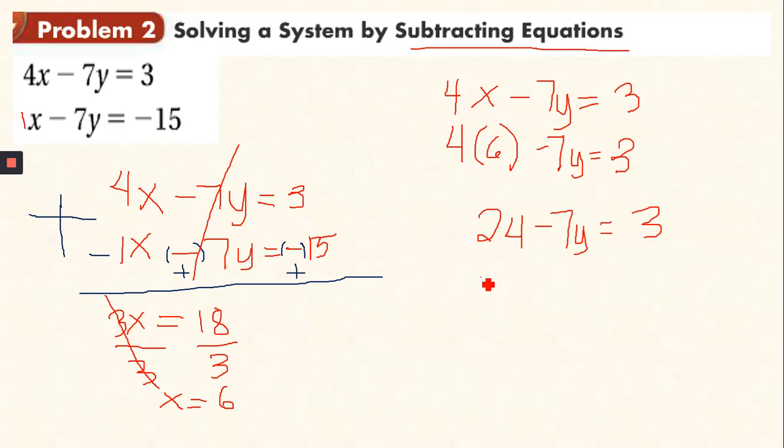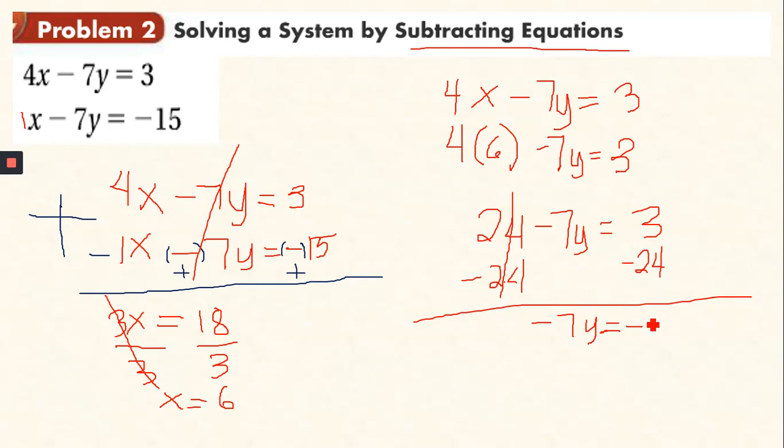Okay, we're solving for y, so we need to isolate your y. We need to get the opposite of 24, that is negative 24. So you have here negative 24 also. So 24 plus negative 24, that will be 0. So you have negative 7y is equal to 3 minus 24, that is equal to negative 21.